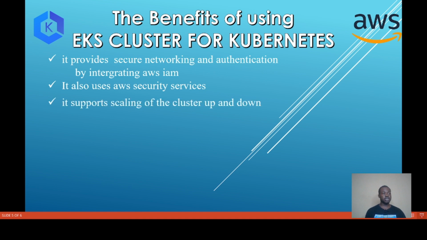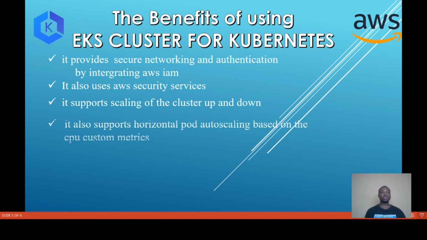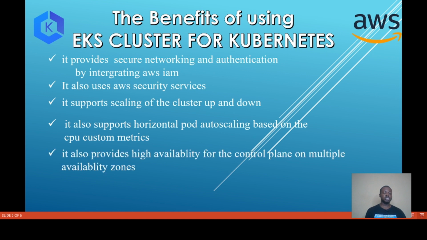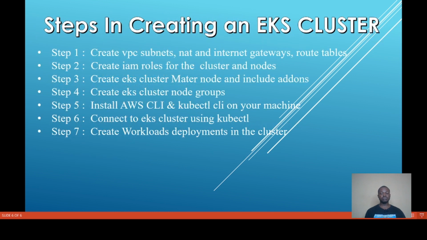It supports scaling of the cluster, both up and down and horizontal scaling, and it uses the horizontal pod autoscaling based on your CPU custom metrics. It also provides high availability because of the presence of the auto scaling group and the load balancers across multiple availability zones.